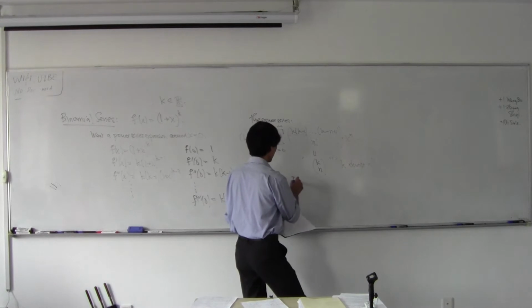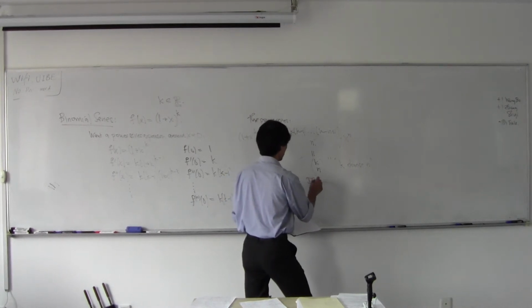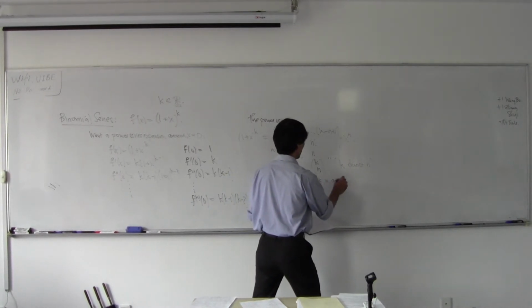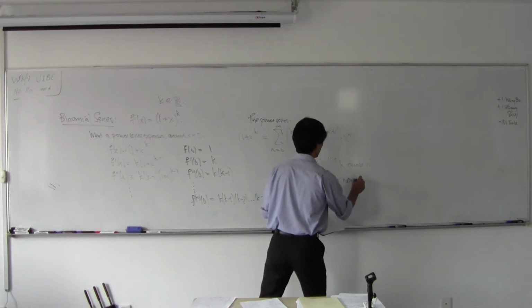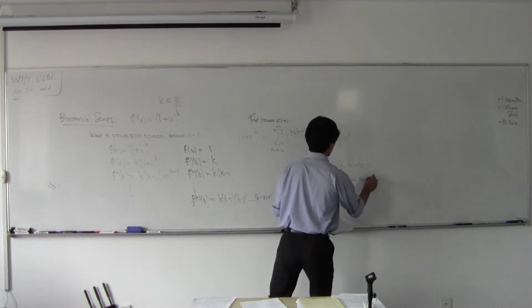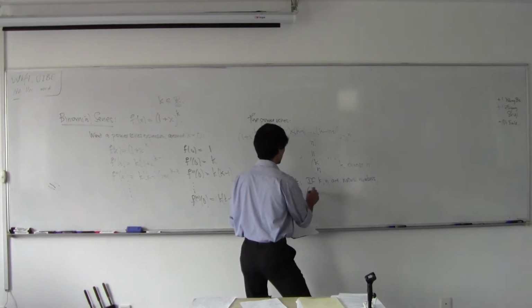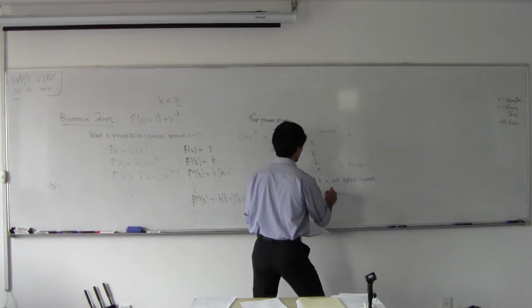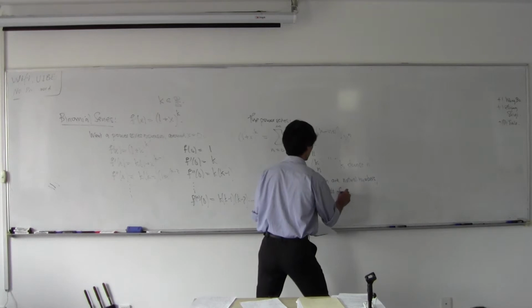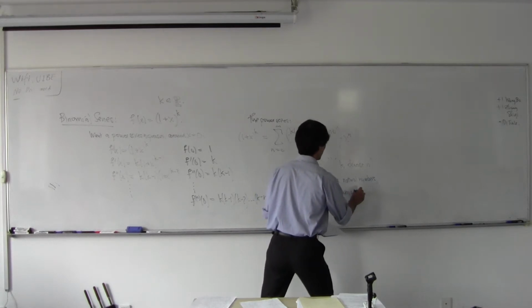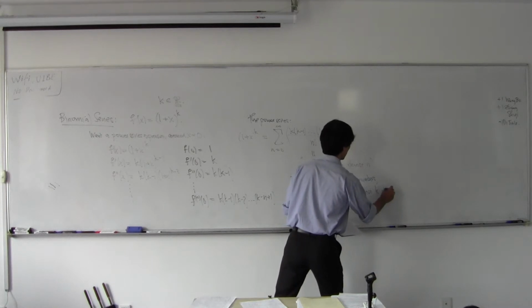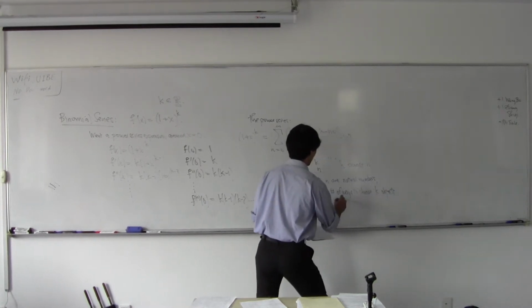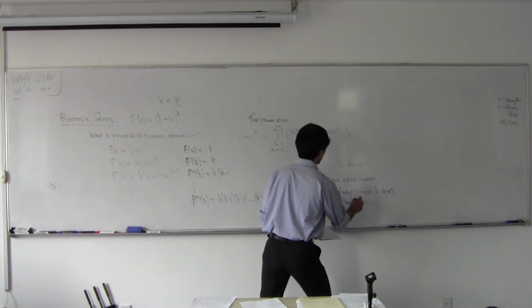So just a remark, if k and n are natural numbers, then k choose n is the number of ways to choose k objects from a set of n.